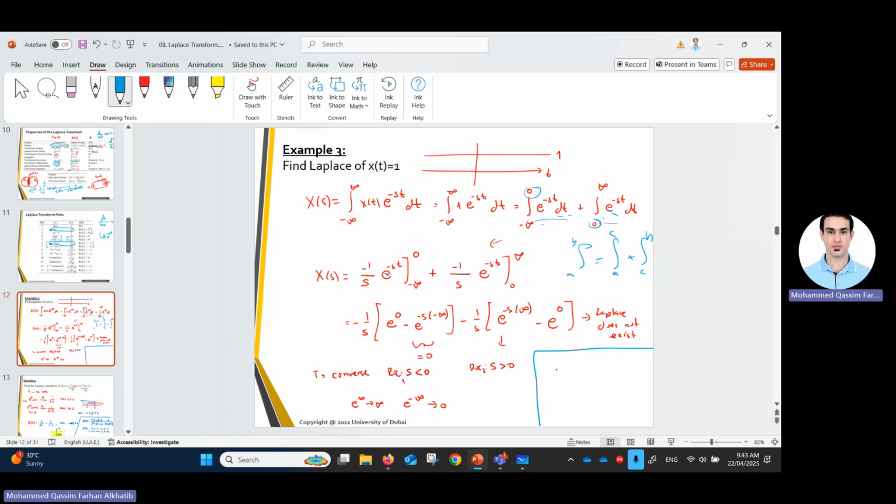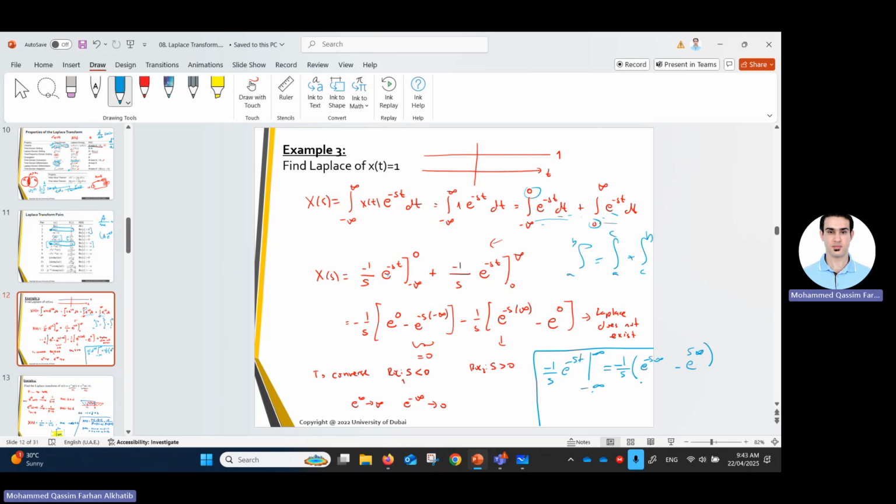So I will have here in this case negative 1 over s e to the power minus st, and my limits from negative infinity to infinity. I'll put the negative 1 over s on the side. So I have e to the power minus s infinity minus e to the power s infinity, because I have negative infinity times negative s, which will become s infinity.